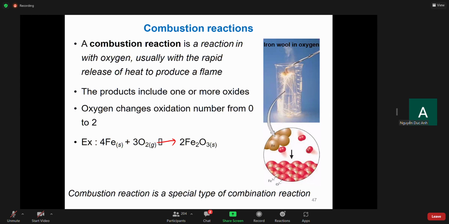The combustion reaction is a reaction of a substance with oxygen. Normally this releases some heat, sometimes produces flame, and sometimes light.